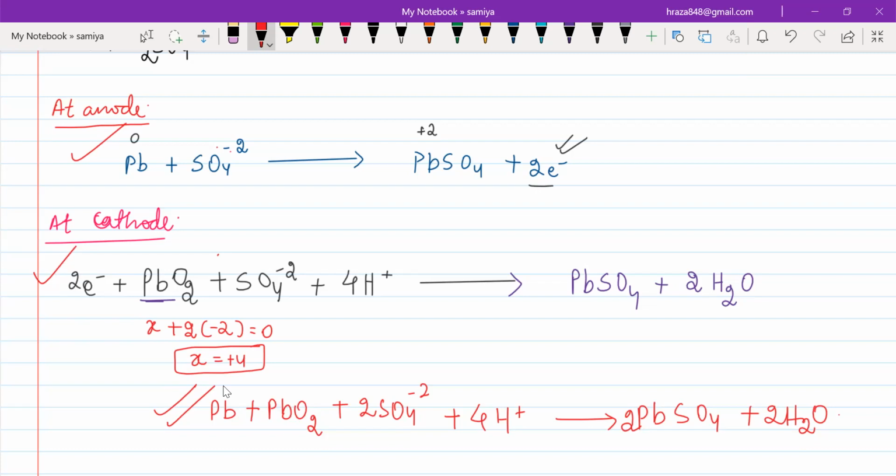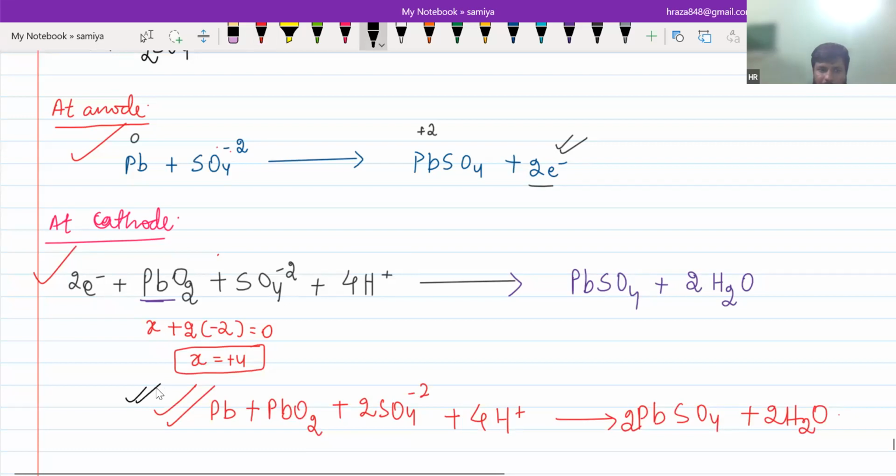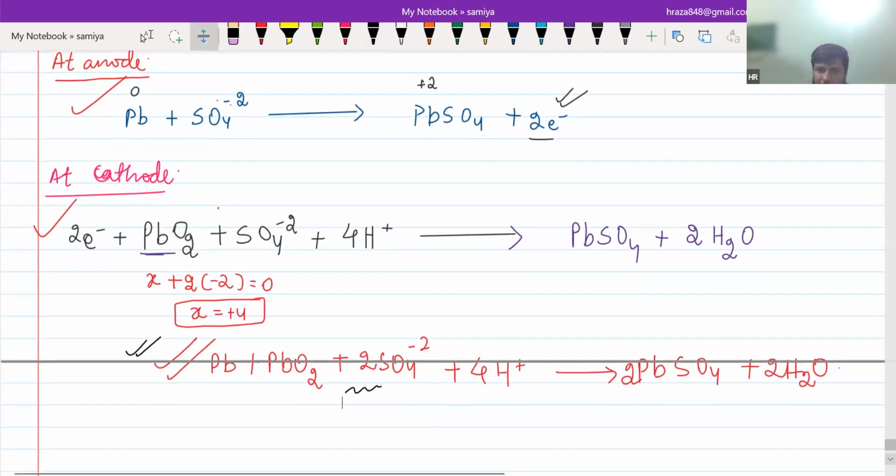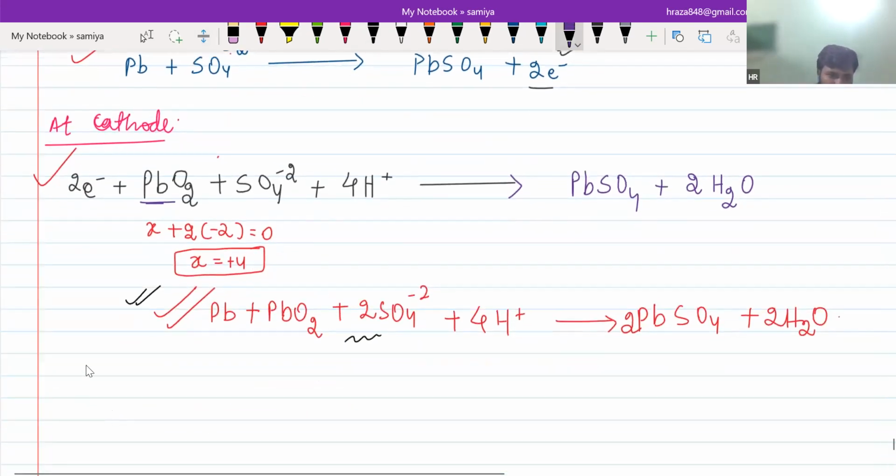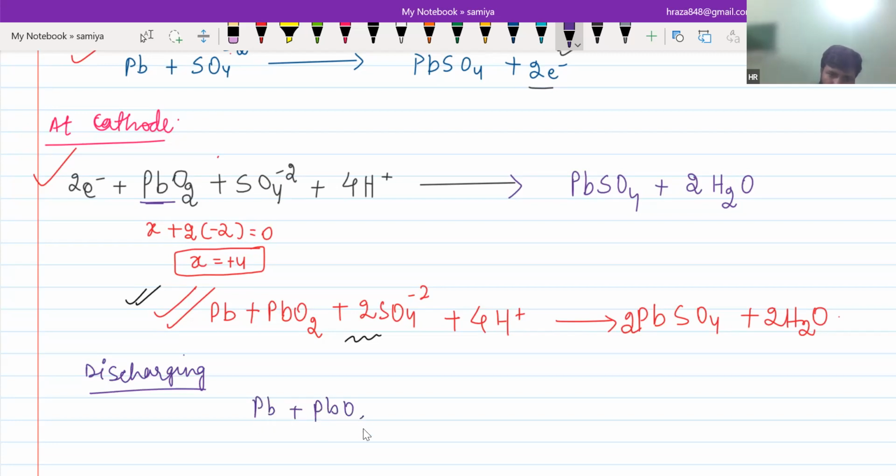Now see, this is the net cell reaction that will run. So basically, this reaction is the discharging reaction. If in the battery, the reaction goes like PbO2 combined with 2SO4 2- and 4H+, that means 2H2SO4, then it will give 2 PbSO4.